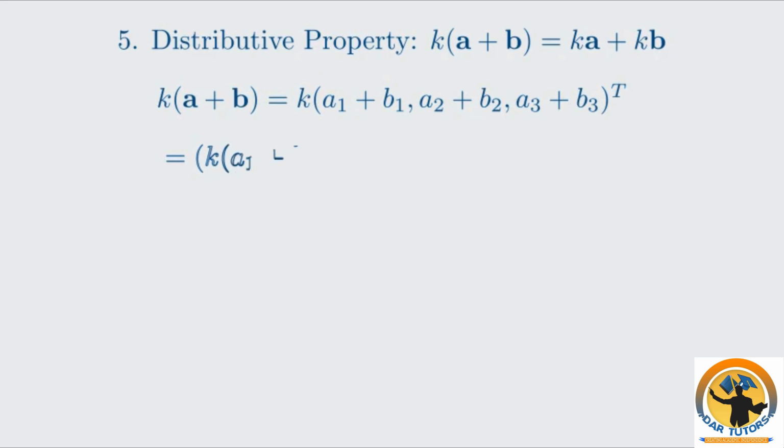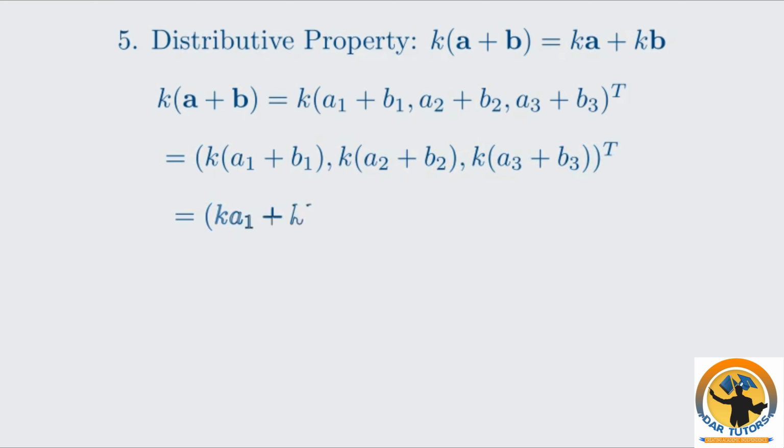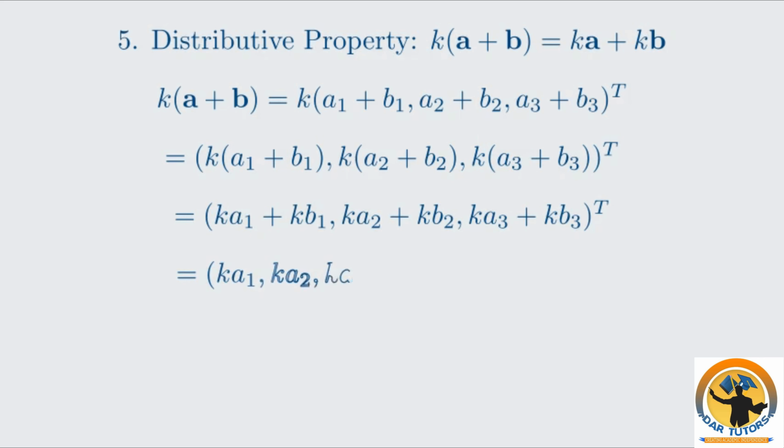Multiplying the scalar k into each component gives us (k(a1 plus b1), k(a2 plus b2), k(a3 plus b3)). Using the distributive property for real numbers, this becomes (ka1 plus kb1, ka2 plus kb2, ka3 plus kb3). We can split this into two separate vectors, (ka1, ka2, ka3) plus (kb1, kb2, kb3). And this is exactly ka plus kb, so the distributive property holds for vectors.